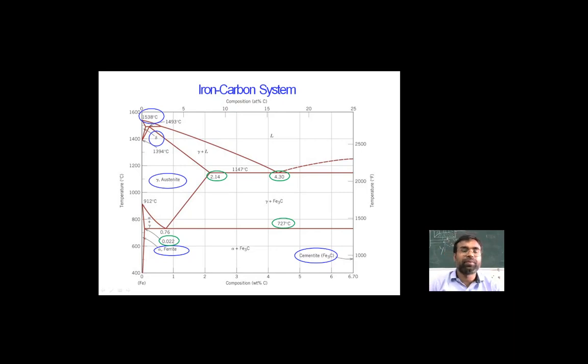From this figure we find out about the iron phases in combination with carbon creating a kind of steel, and that combination leads to various categories of steel: the low carbon steel, medium carbon steel, and the high carbon steel.